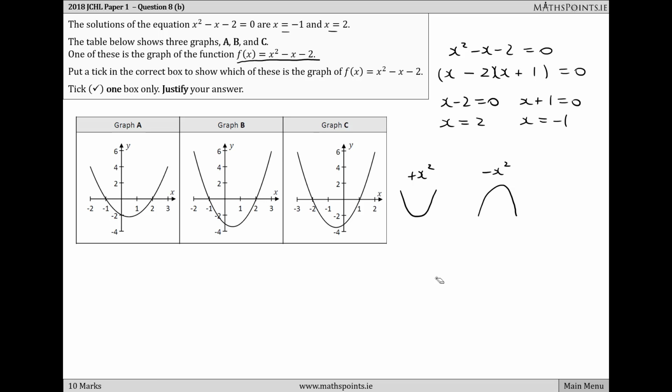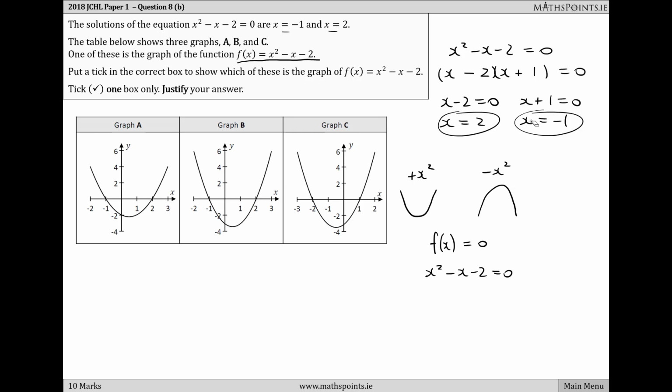The next thing to check is the roots of the quadratic function, where it equals 0. The function is x squared minus x minus 2, and if we let that equal 0, we find the roots of that quadratic. We've already done that: x equals 2 and x equals minus 1. The roots of a quadratic function are those values where the curve cuts the x-axis.